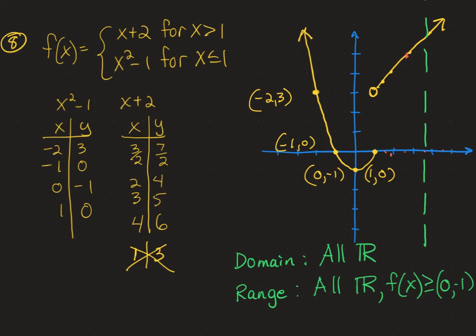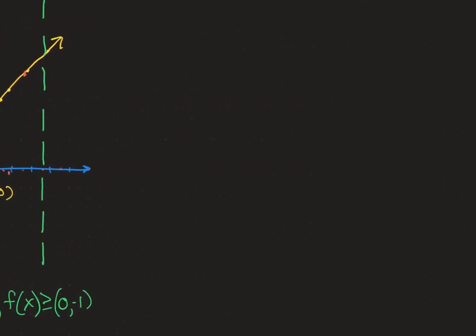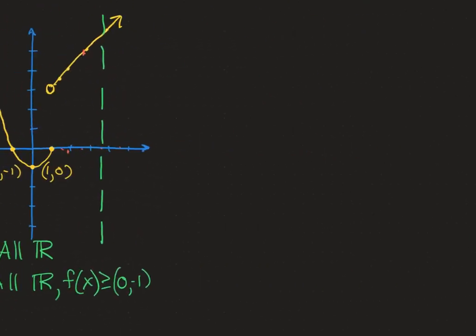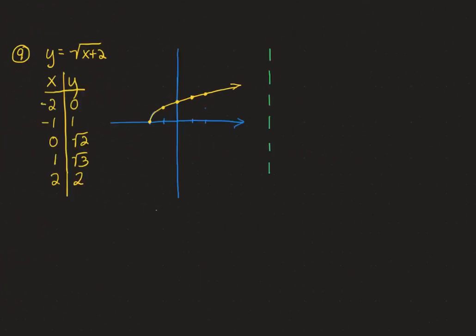Let's look at some more examples. Here we have the function where f of x is y, and it is the square root of the quantity x plus 2. Notice the square root is there in the equation that you have been given.